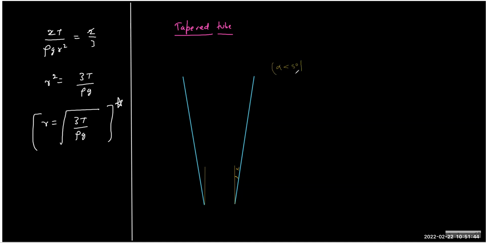So for normal human vision, it will not even look tilted or tapered, but it is. For all purposes of analysis, you can consider this as cylindrical and solve the question.